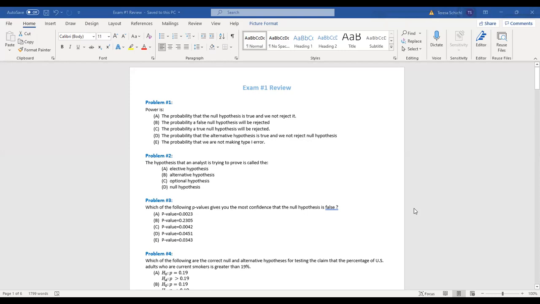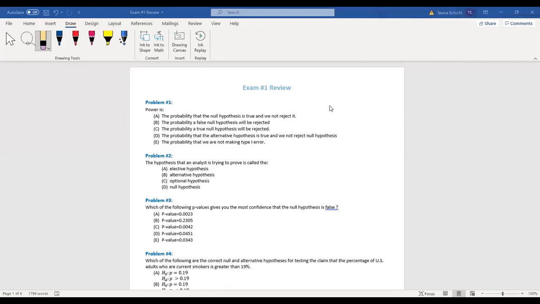So let's go ahead. Problem number 1 asks, what is the power? The way we define the power is when we have a false null hypothesis and we reject it, right? So when H0 is false, then we will reject H0.